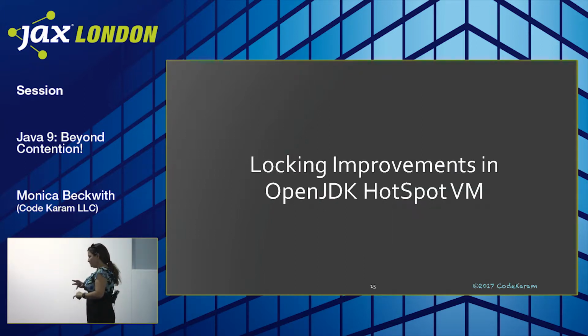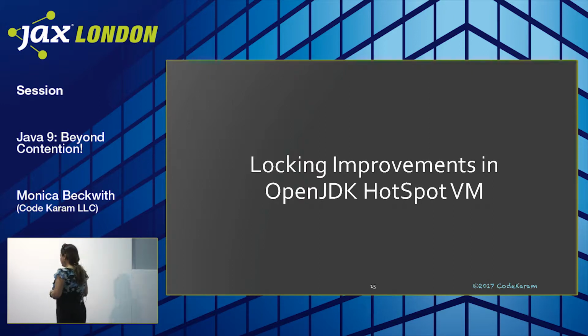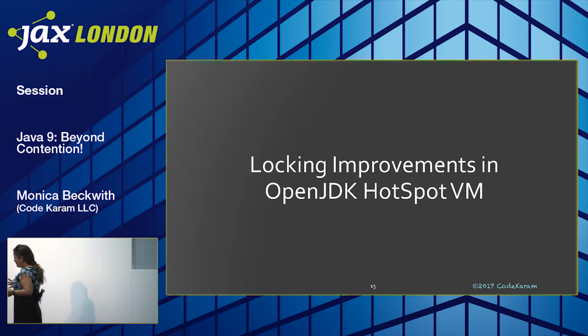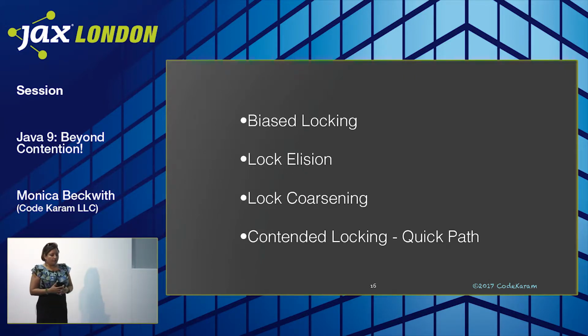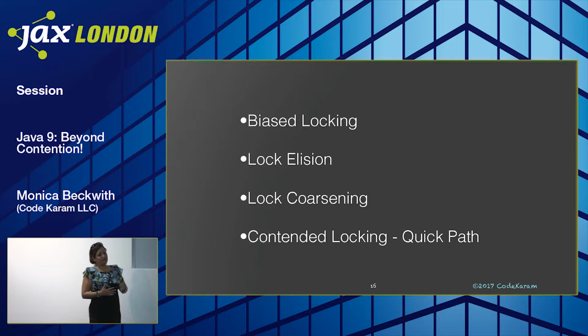So let's get a little background on the improvements that were in the JDK so far. The first improvement is called biased locking, and it's for uncontended locks. Remember when I said that when you are uncontended, all you have to do is a compare and swap instruction.